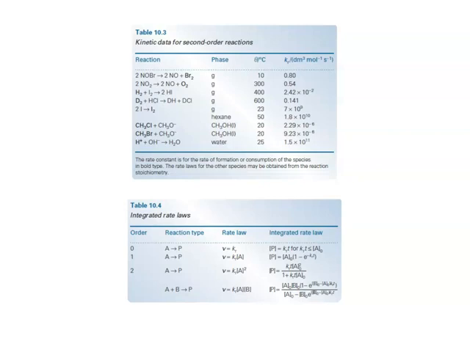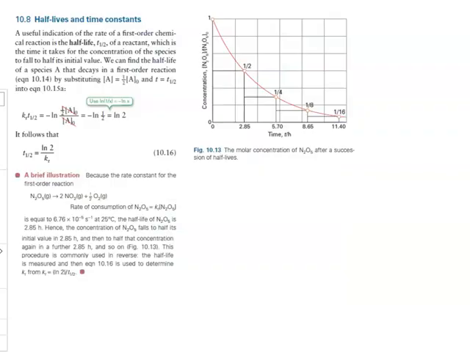So we have the rate laws and integrated rate laws for zero, first, and second order, and for second order, reaction types where A goes to products and A plus B goes to products. So now that we have covered all of that, we're able to start discussion of half-lives and time constants.